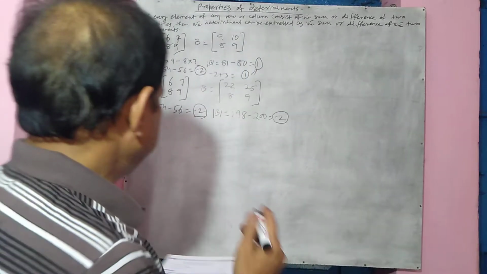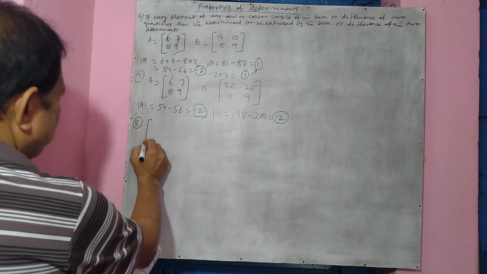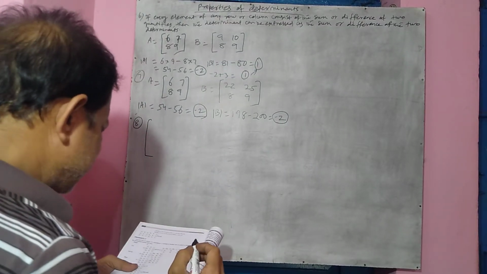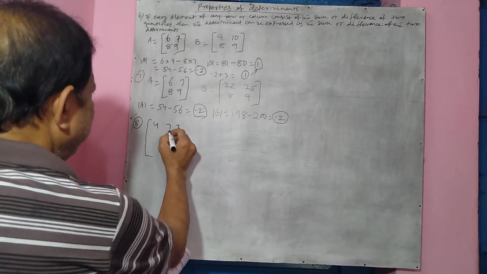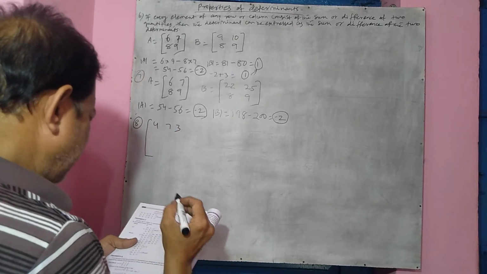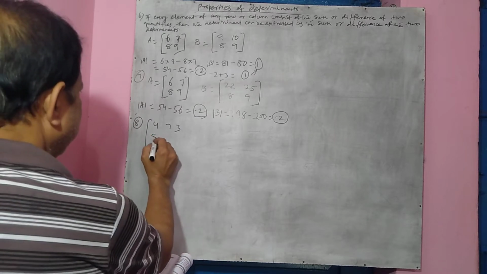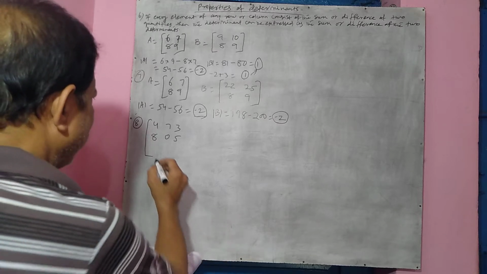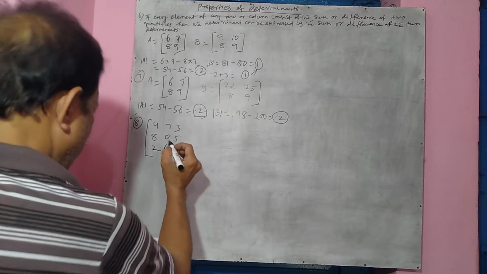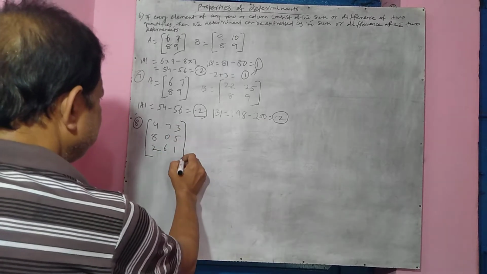Let's take the example from the book. The book has taken the example, let's say 4 7 3, then 8 0 4, 5 8 0 5 and 2 6 1. Okay.